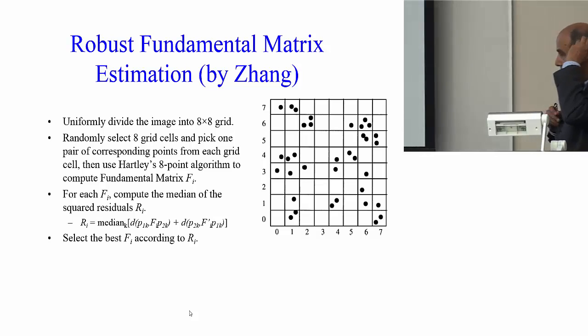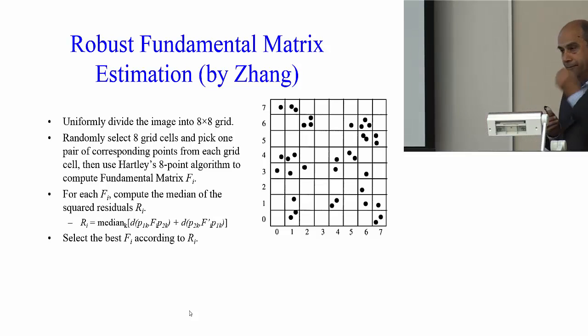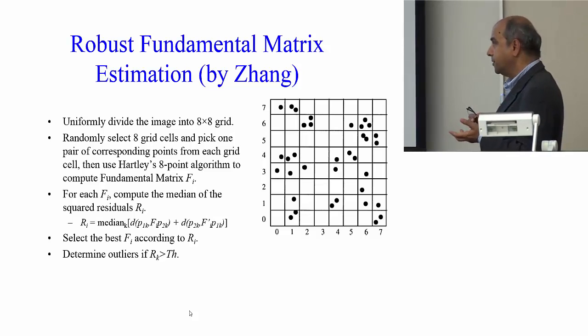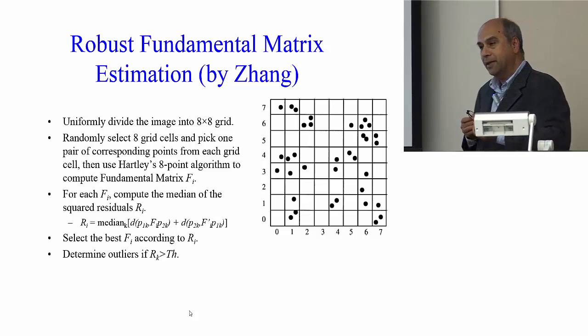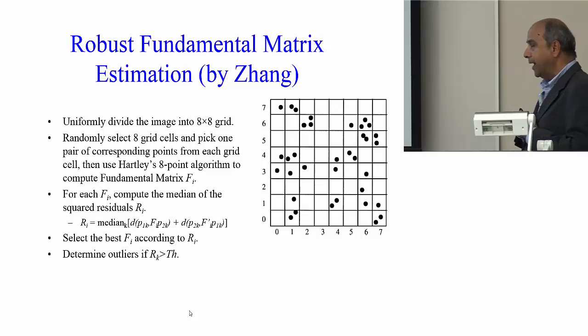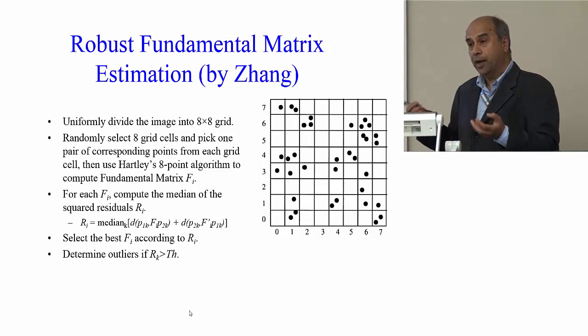From all those trials, you will pick the best fundamental matrix, which has the smallest error, but the smallest error has to be below some threshold. And then using that, you will remove the outliers.